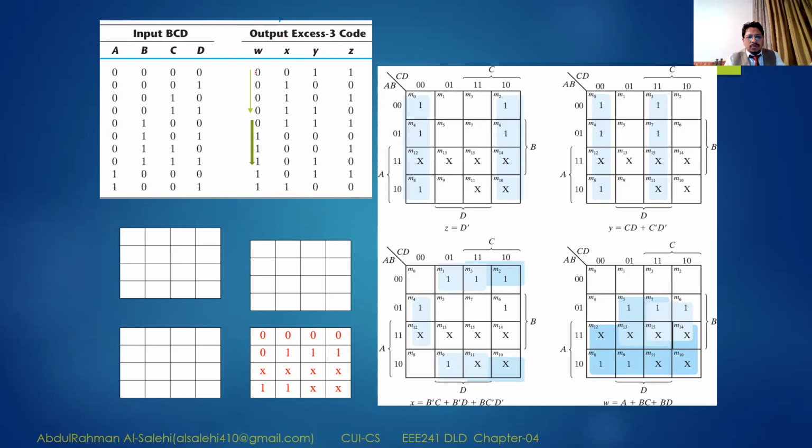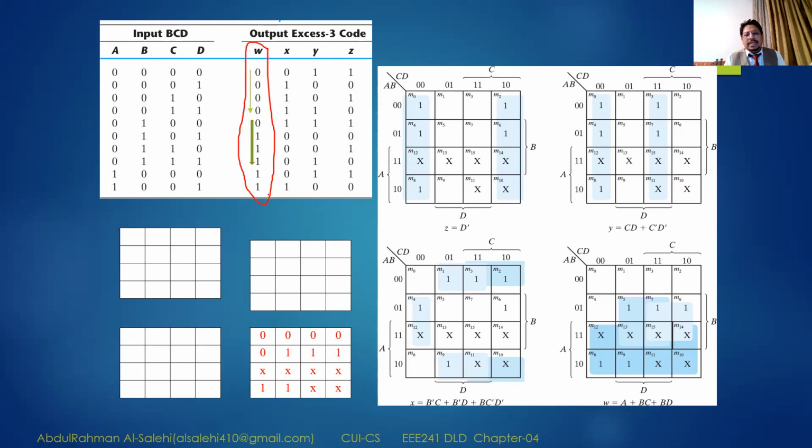Come here, 0 to 9. For all these inputs I will have 4 different outputs. The first output is W. From where can I get this value? From here.